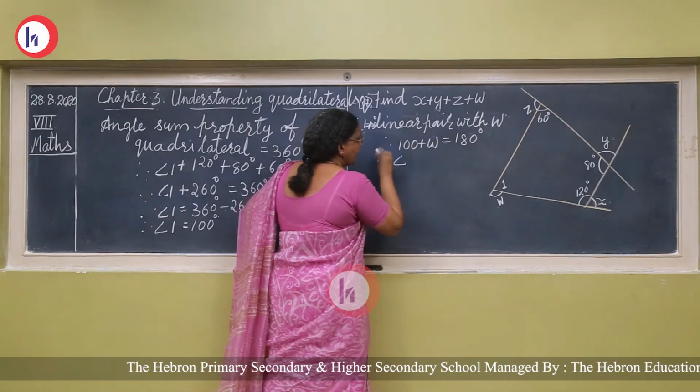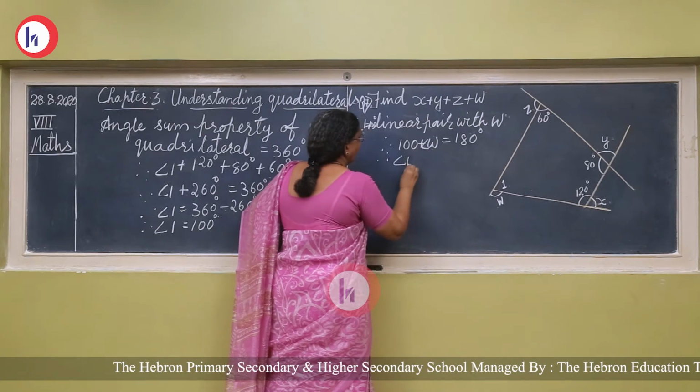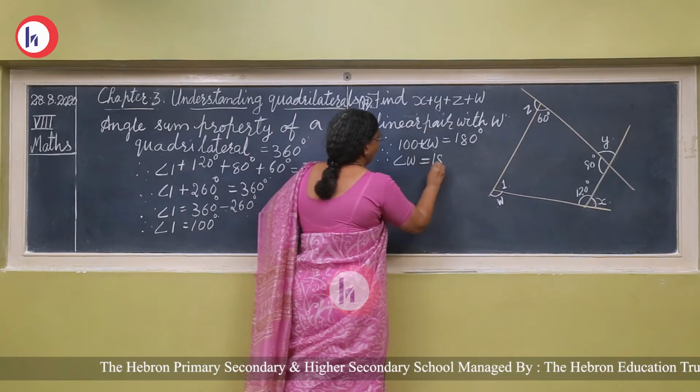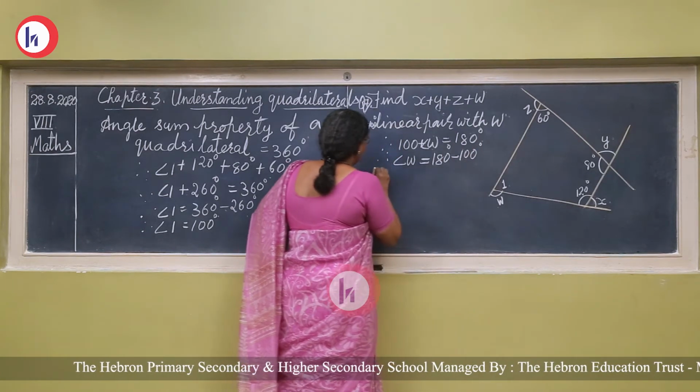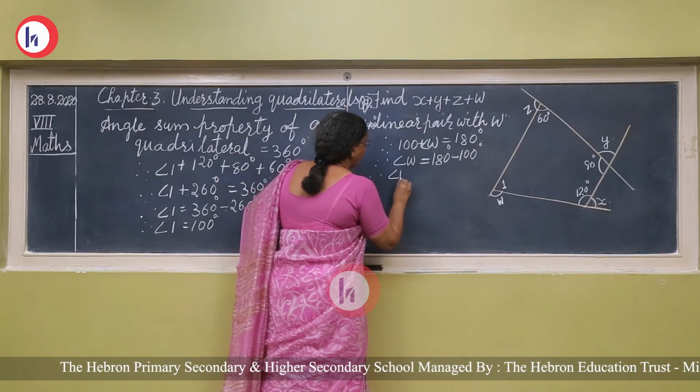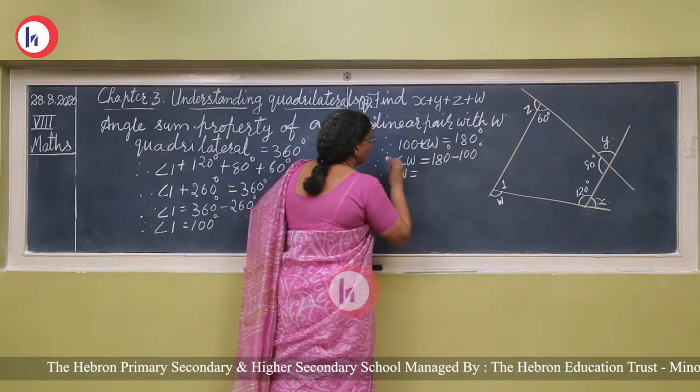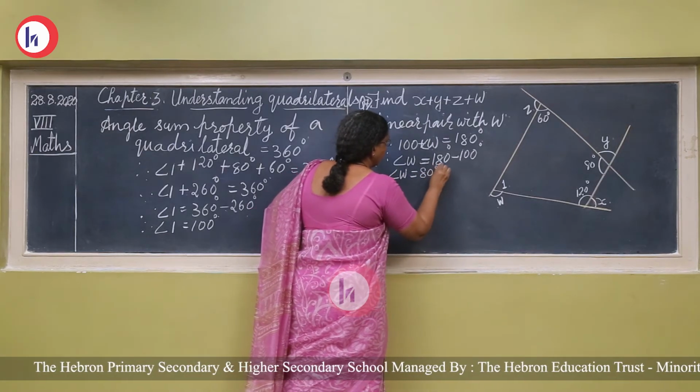Therefore, angle W is equal to 180 degree minus 100 degree, which is 80 degree.